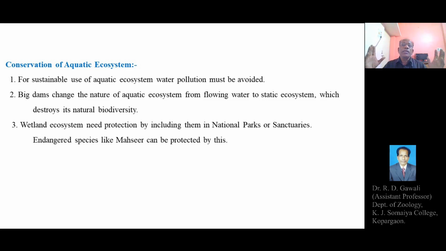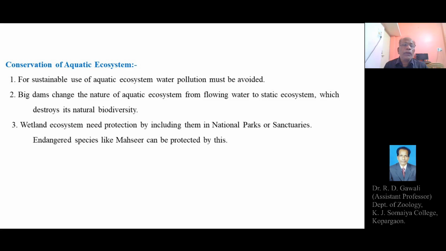So big dams change the nature of the aquatic ecosystem from flowing water to static or stagnant, and this destroys its natural biodiversity. So ultimately, the natural biodiversity will be changed.